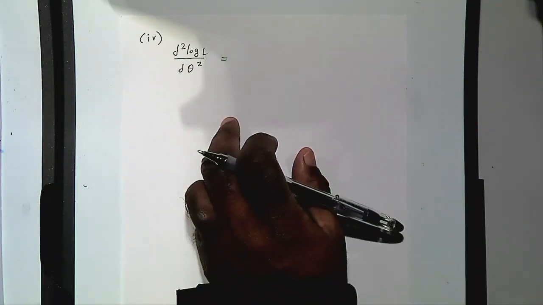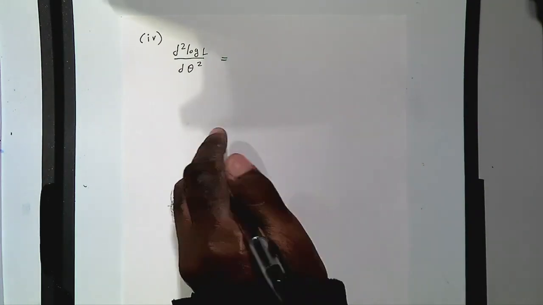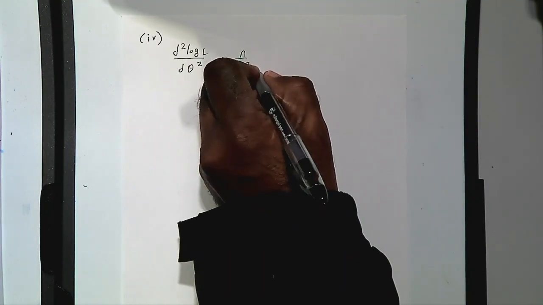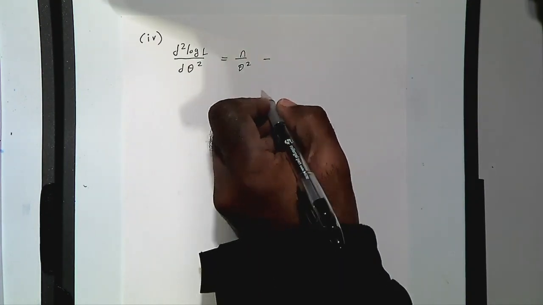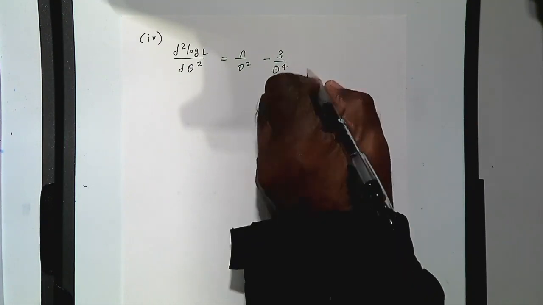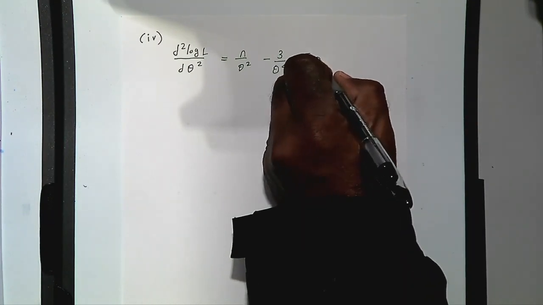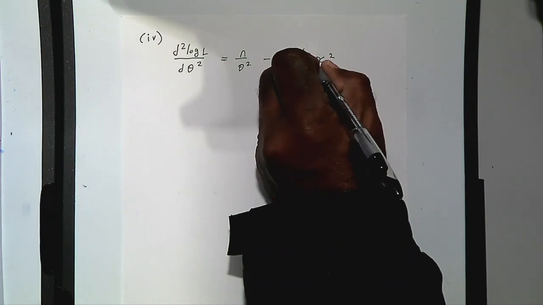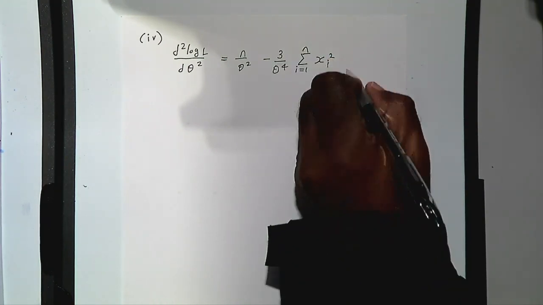Yeah? You need to find the second order derivative of the log likelihood, which is going to be the following. It's going to be n over theta squared minus 3 over theta 4 and plus 2 over theta cubed.